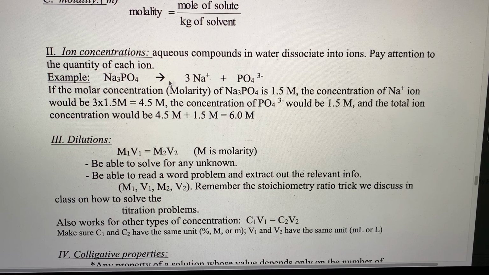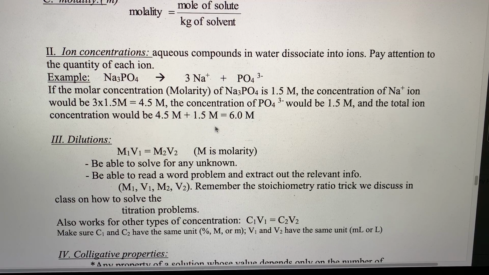Ion concentrations. It's important to know how many ions are in the solution. Here's a very good example. When you have sodium phosphate, you have 3 sodium ions plus 1 phosphate ion. So that has 4 ions total. The number of ions is also known as lowercase i, the van 't Hoff factor.